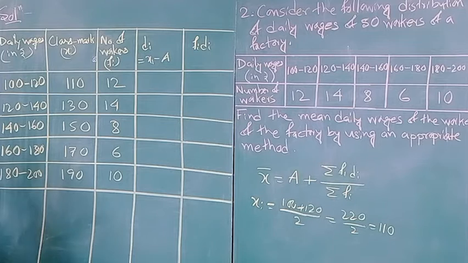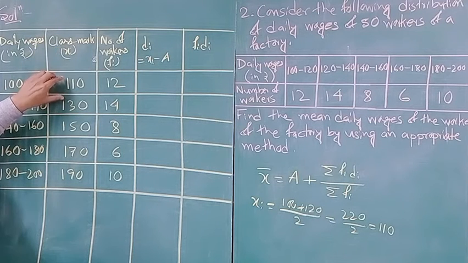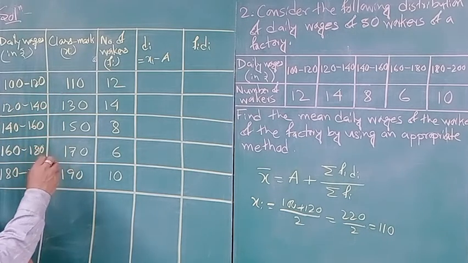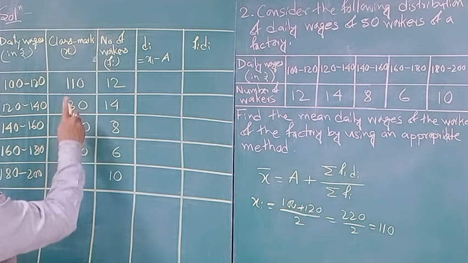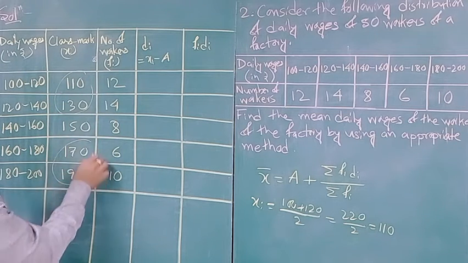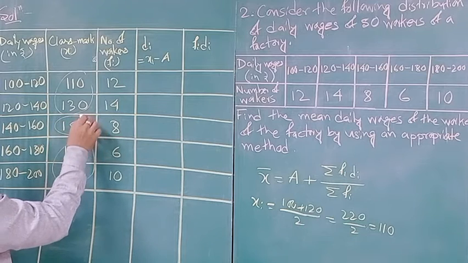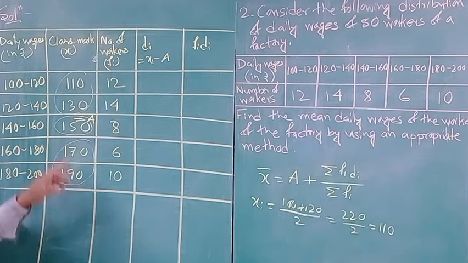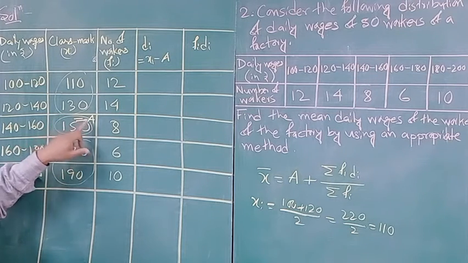Now here we have x1, x2, x3, x4, x5. We have to consider the middlemost one as the assumed mean. Here there are 2 xi above, 2 xi below. So this one falls in the middle. So this is our A. Okay, 150 is our A.